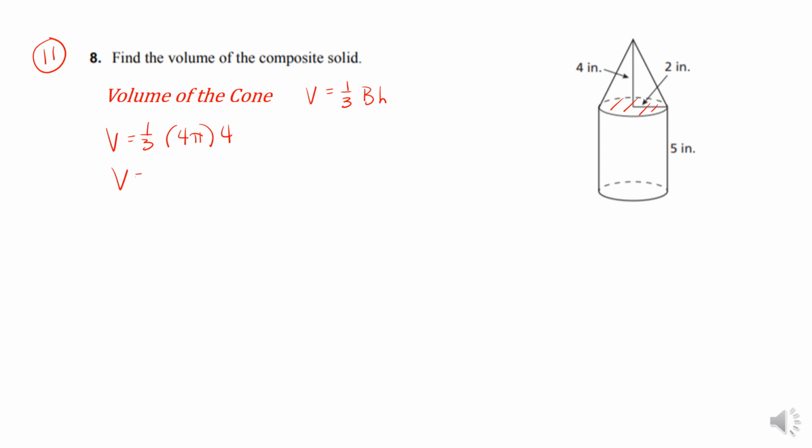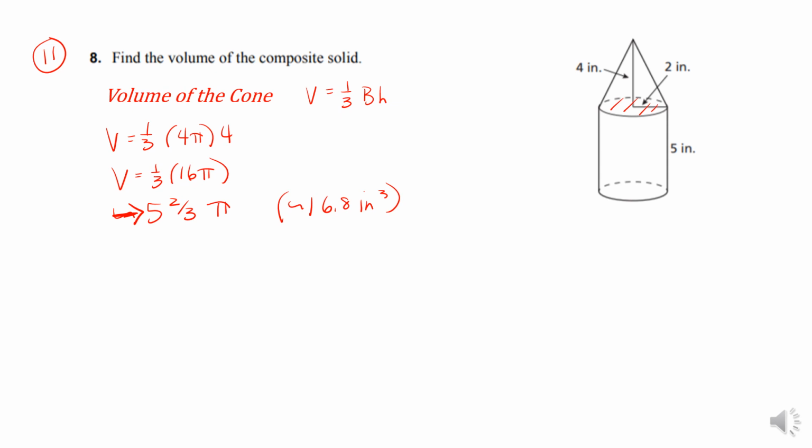So the volume is 1/3 times 16 pi, and that would be approximately 5 2/3 pi. Now if you want to, you could calculate that out, and that is 16.8 inches cubed. These are the approximate measures. This is actually the exact measure since it's in pi form.